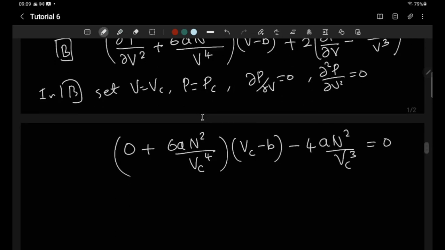So we can pull out factors like a by Vc cubed, even n squared we can remove, so we get 6 by Vc.